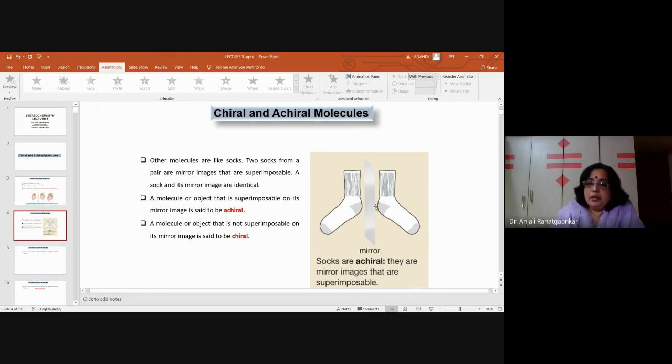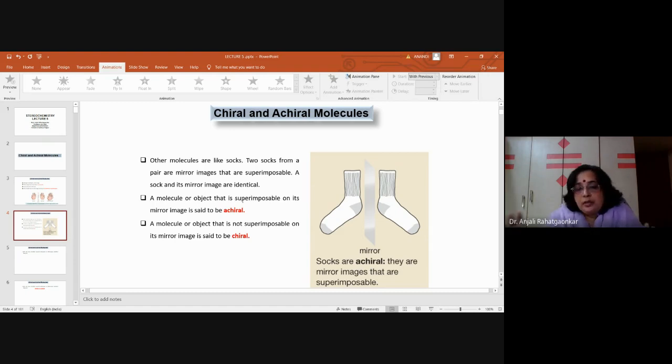Okay, they are mirror images, but when you put one sock on the other sock, you can see that they match exactly with each other. So they are superimposable. If the images are superimposable, they are achiral. They are the object and its mirror image, but they are superimposable.